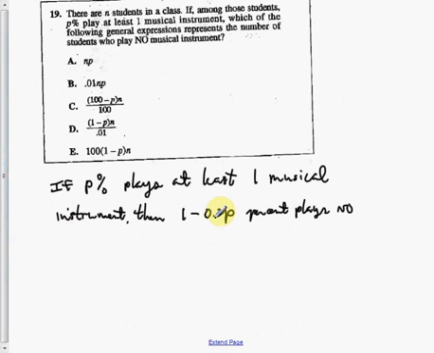And I'll show you how we get the 1 minus the 0.0p, plays no musical instrument.